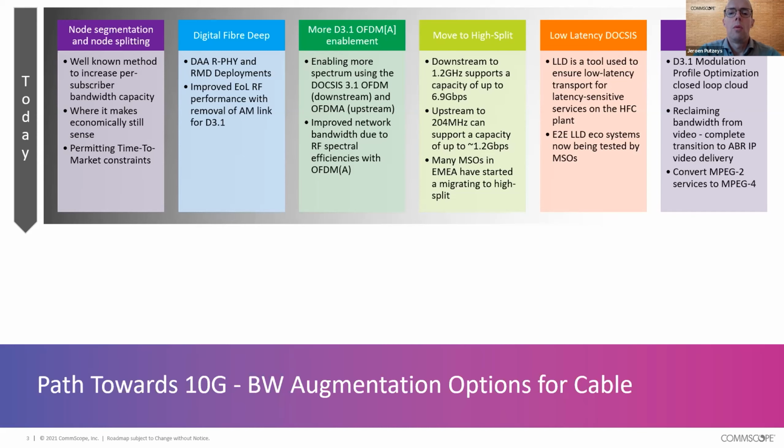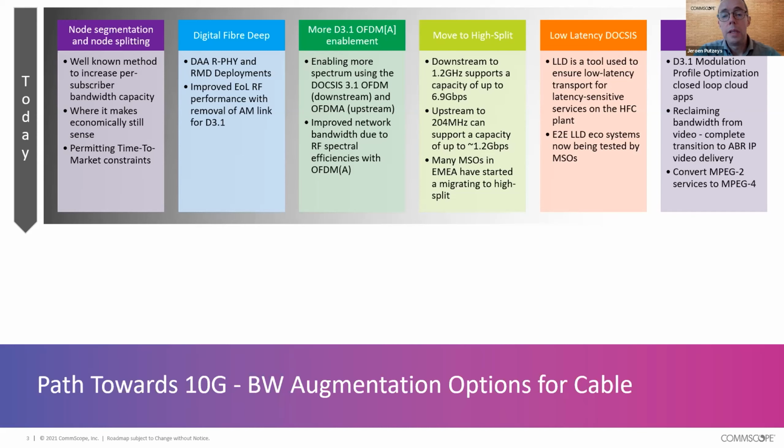So where we see a slight shift in focus is now, whilst you have 3.1 capability on the network, how can operators leverage the DOCSIS 3.1 capabilities even further? So the topic around bandwidth optimization and improving DOCSIS 3.1 efficiency is a key topic of discussion that we're involved in daily with operators.